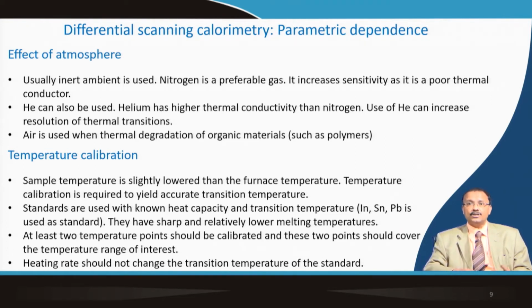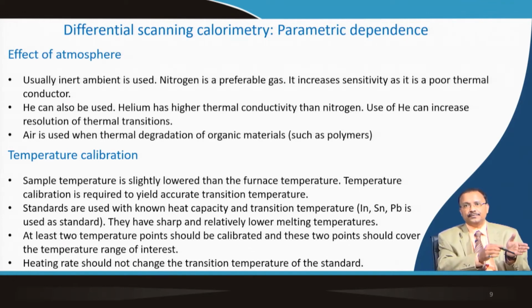Usually metals such as indium, tin and lead are used as standards. They have a very sharp melting transition; in fact, I have shown you the melting transition of indium metal. It melts at a relatively low temperature.